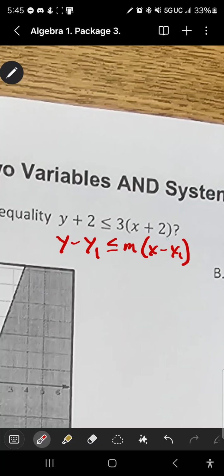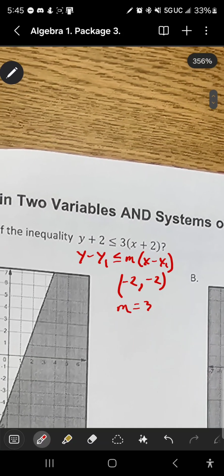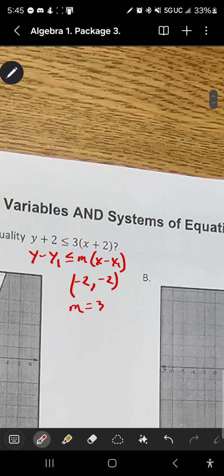This is basically a formula, so we can assume that the point here is going to be -2, -2, and the slope will be 3, because that's basically what the formula is. But if you don't see that, I always recommend writing it in the normal linear way, which is basically y equals mx plus b.